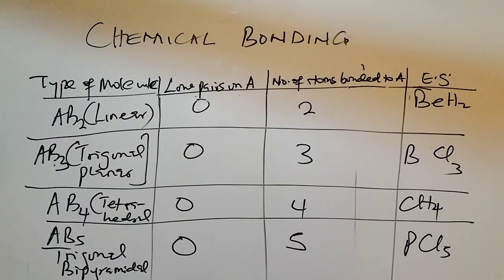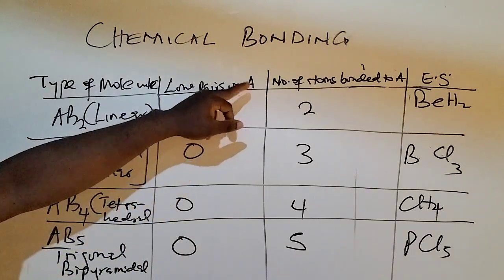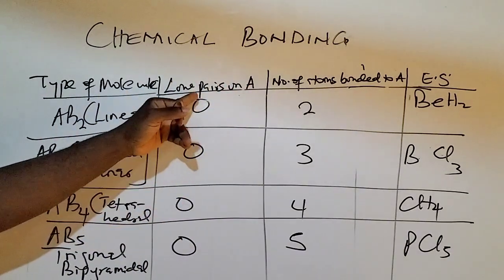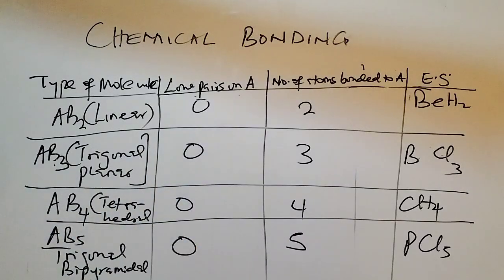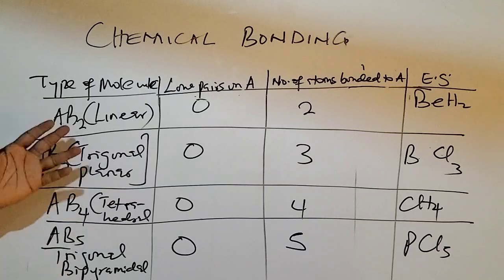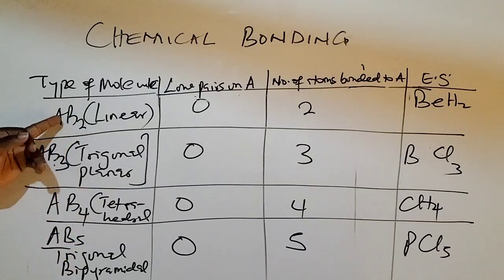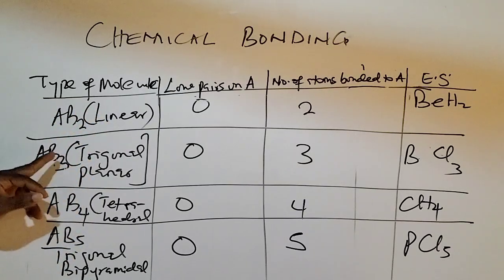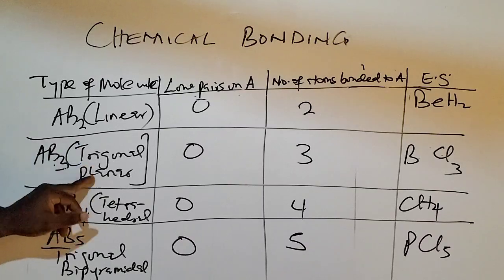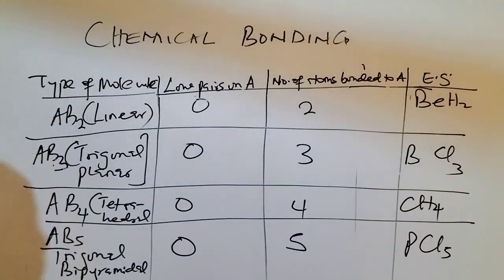So the examples we have studied so far from chemical bonding 1 are molecules whose central atom, represented as A, has no lone pair, but is bonded to 2, 3, 4, or 5 atoms. Two atoms bonded to the central atom is linear shape. Three atoms bonded to the central atom is trigonal planar, like in boron trichloride.